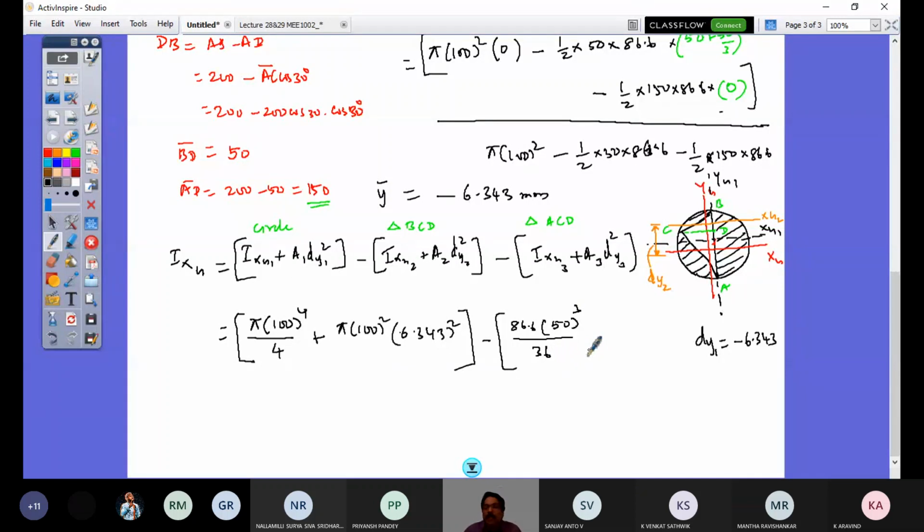plus A2. So A2 is half into 86.6 into 50. And importantly, now dy2. What is dy2? It is this. How do you get dy2? From this point to this. So let me write it down here with the same color so that you would know.